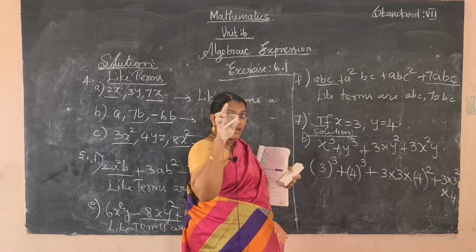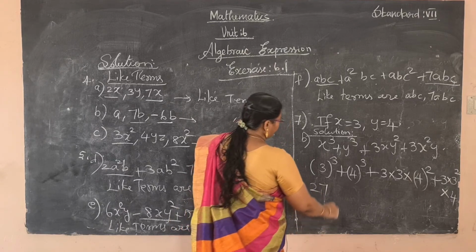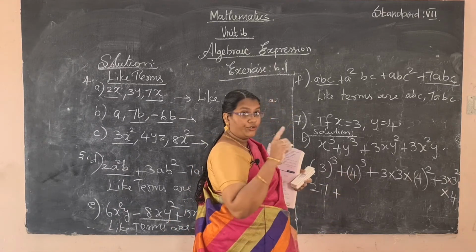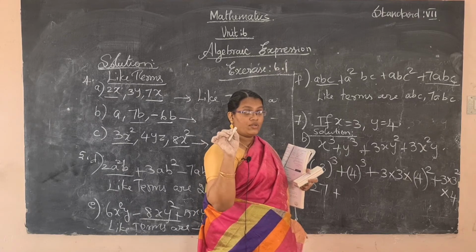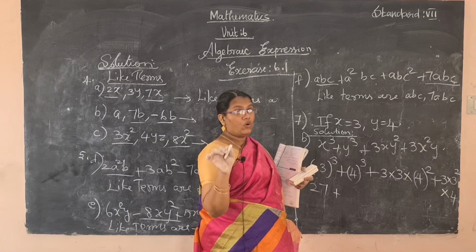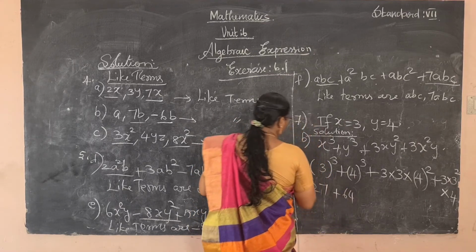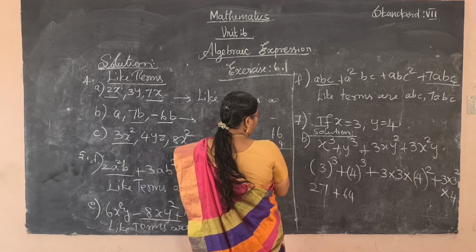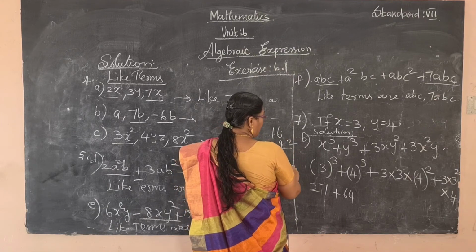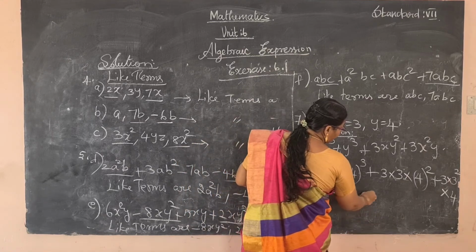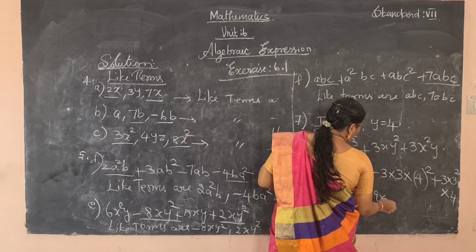So 3 3s are 9, 9 3s are 27. Okay, and next 4 multiplied by itself three times. So 4 4s are 16, 16 4s are 64. So 64, plus 3 into 3 squared, which is 9, into 4 squared, 16.